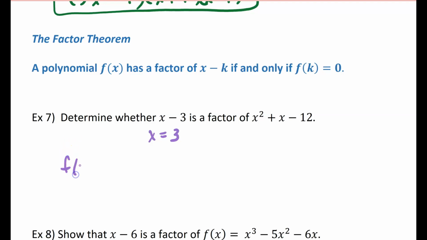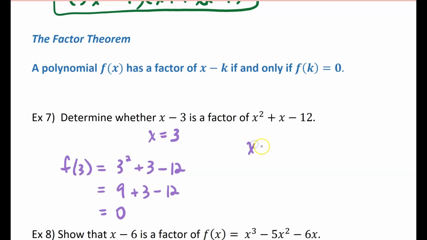So f of 3 is equal to 3 squared plus 3 minus 12. So this would give us 9 plus 3 minus 12, which is equal to 0. So since that is equal to 0, then we know that x minus 3 is a factor.